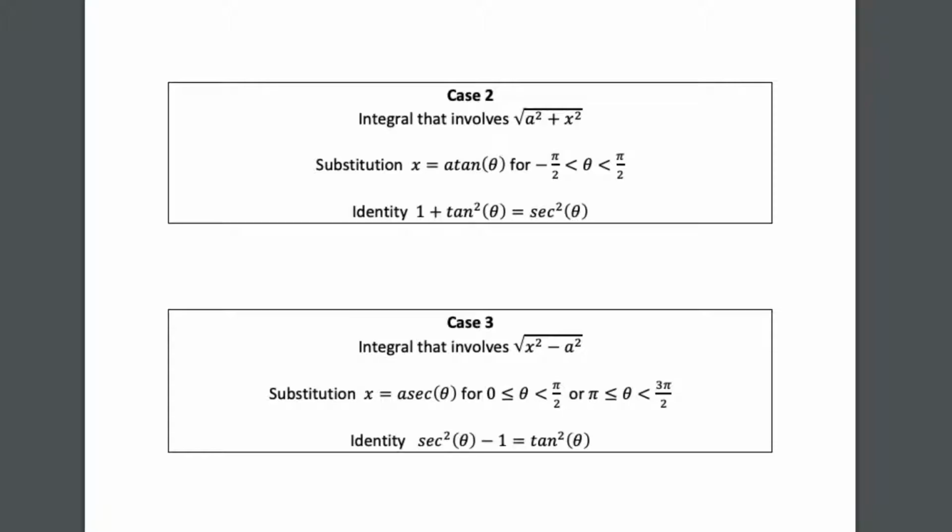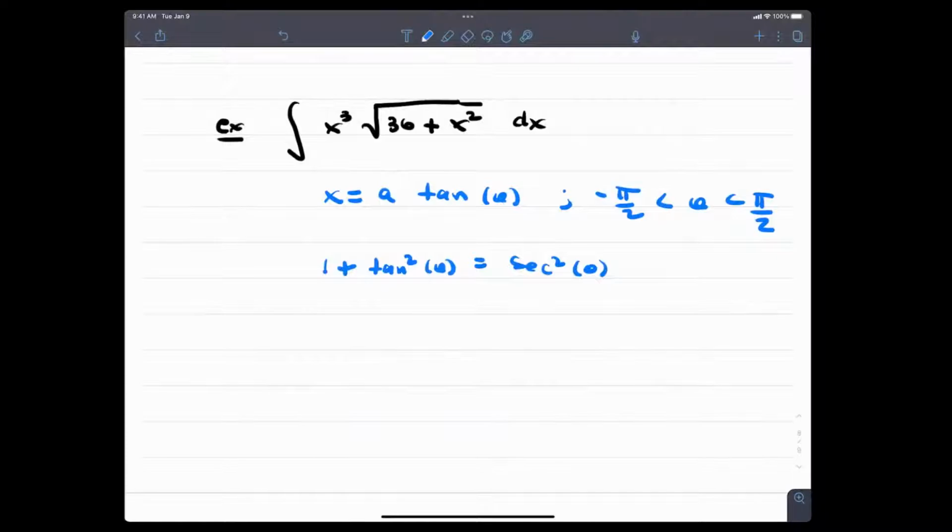Same thing. Negative pi over 2 less than, well, not exactly the same thing. And then what's the identity they say? 1 plus, don't forget, 1 plus tangent squared equals is going to be what? Secant squared theta. So in this case, this is going to be what? 6 squared? You guys okay with that? So a is 6.